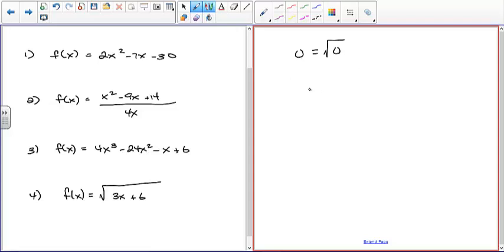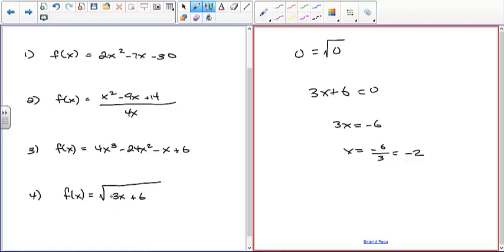So all we have to do is set the argument equal to 0 and find the values of x where this occurs. So you get 3x equals -6, x equals -6 divided by 3, x equals -2. And you can see that works. If I plug back in, 3 times negative 2 is negative 6 plus 6, 0. So in this case, we just have one zero.